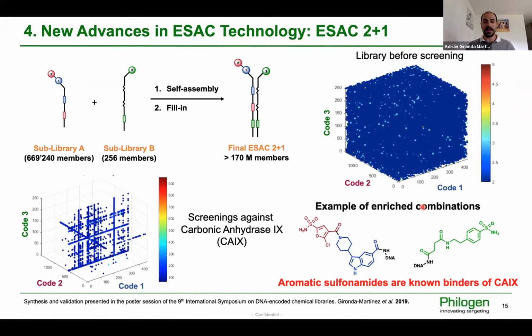After that, considering that we always include aromatic sulfonamides as building block controls in our library, and using carbonic anhydrase 9 or CA9 enzyme, we are able to basically validate our design and the construction of our library, performing a screening campaign against this protein and identifying the different sulfonamides that can bind to it.